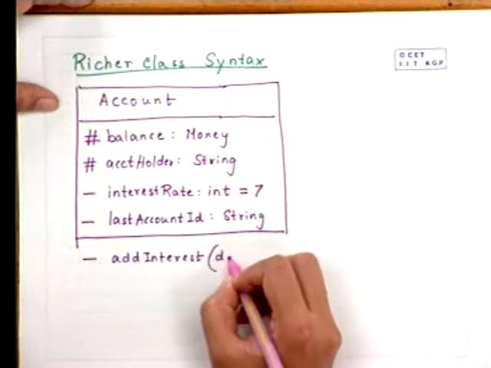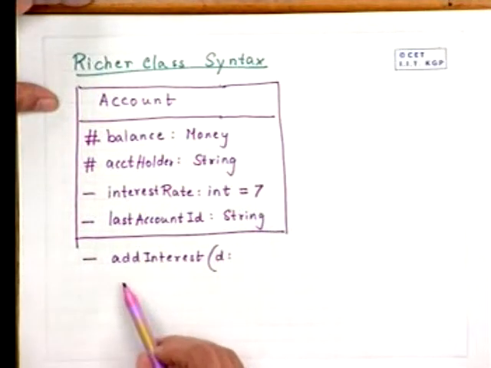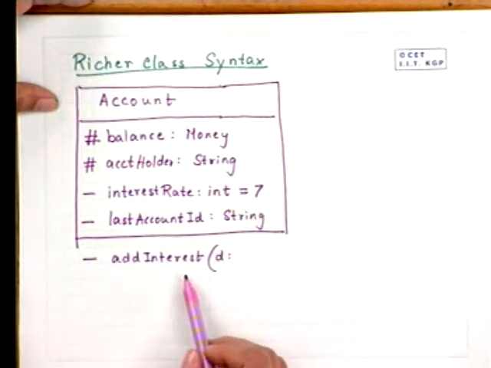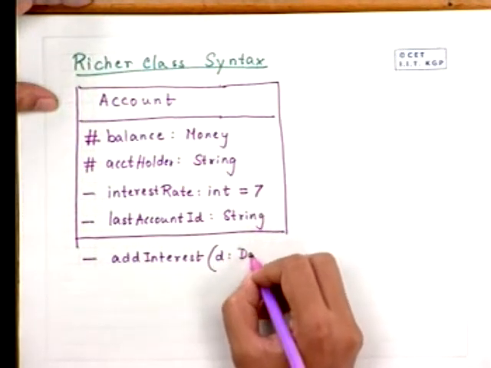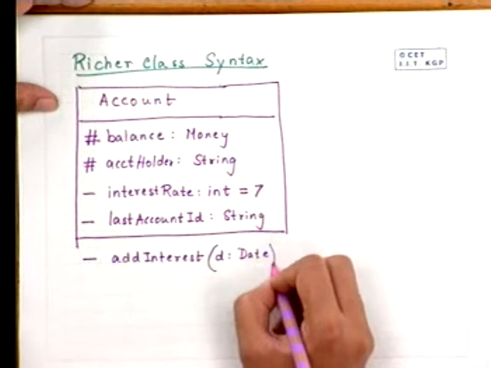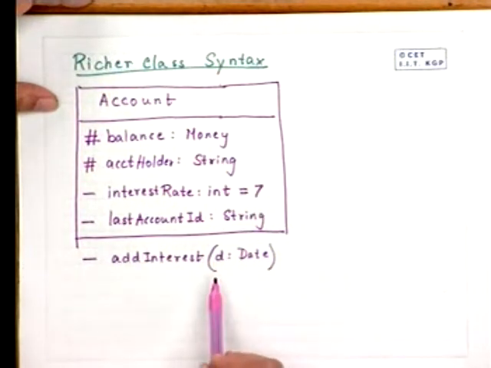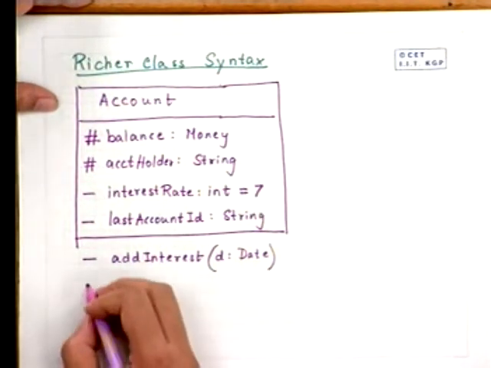The signature of the operation consists of the parameters, and along with the parameters we also supply their types, and we may also supply the type of the return value. In this case, the operation add interest takes a parameter of type date, which we denote as add interest d colon date.